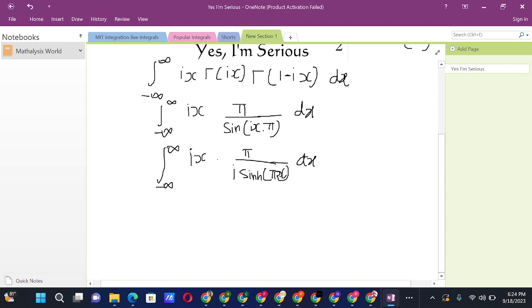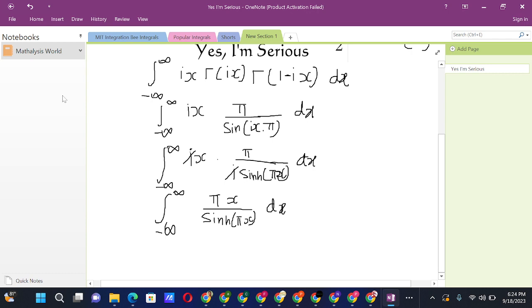I'm sorry if it's not clear. Now, in the integral from minus infinity to infinity, the i will just cancel out, and pi x over sinh pi x is what remains with us, and dx.